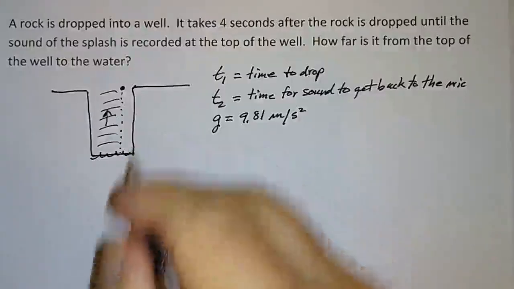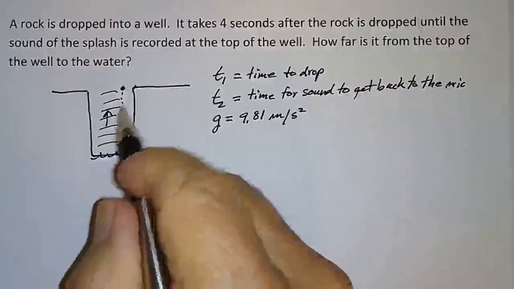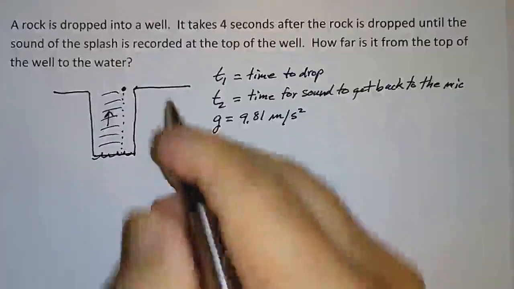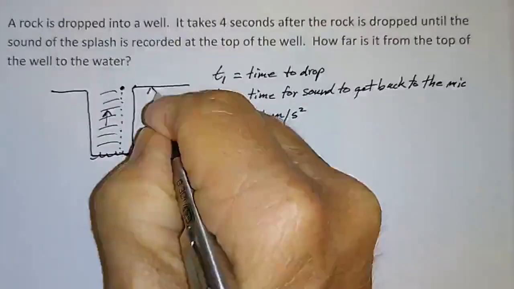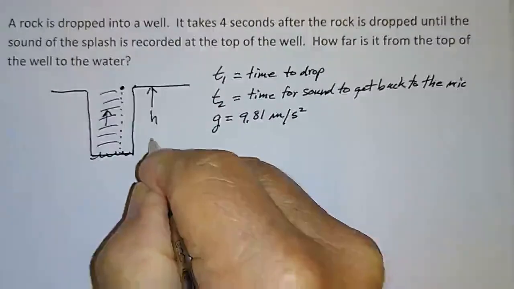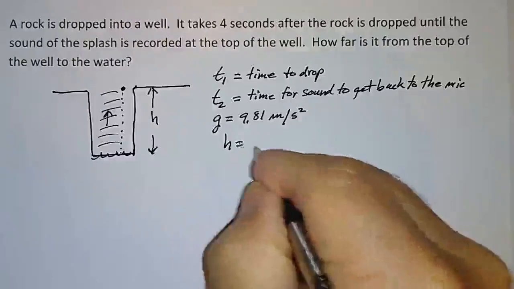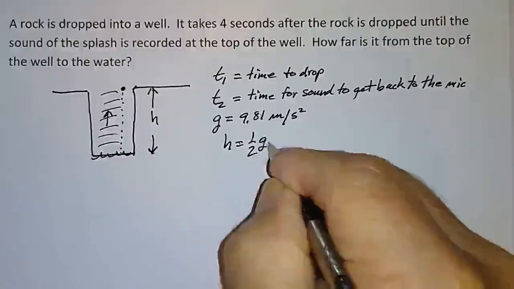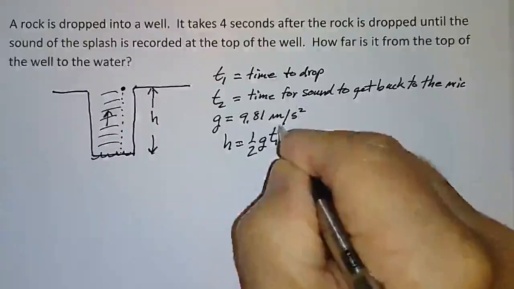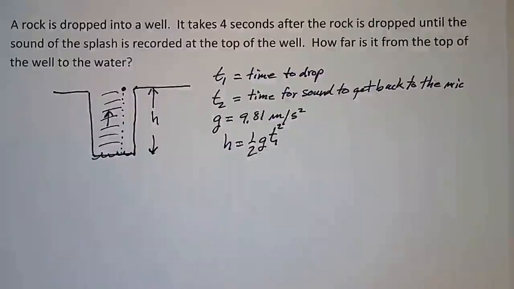So we can say that it covers the distance from the top of the well to the bottom of the well, which let's call h. h is equal to 1/2 g T1 squared. That's because it started out at 0 velocity and fell at a constant rate.